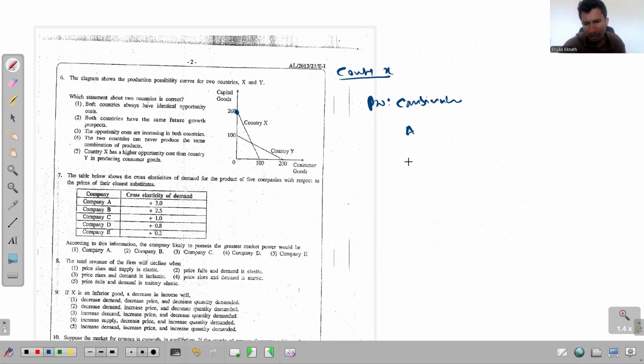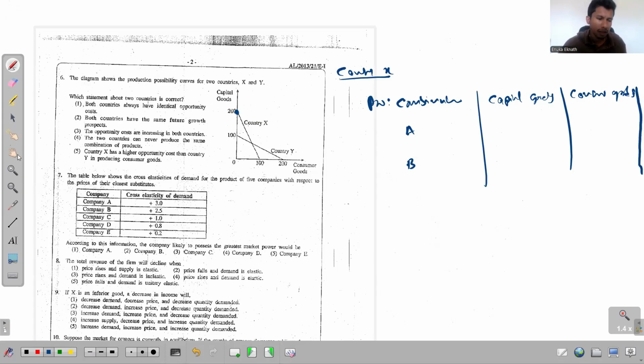Let's just label them as A and B. So at the production combination A, the country can produce 2,000 units of capital goods and how many consumer goods? 0, none.